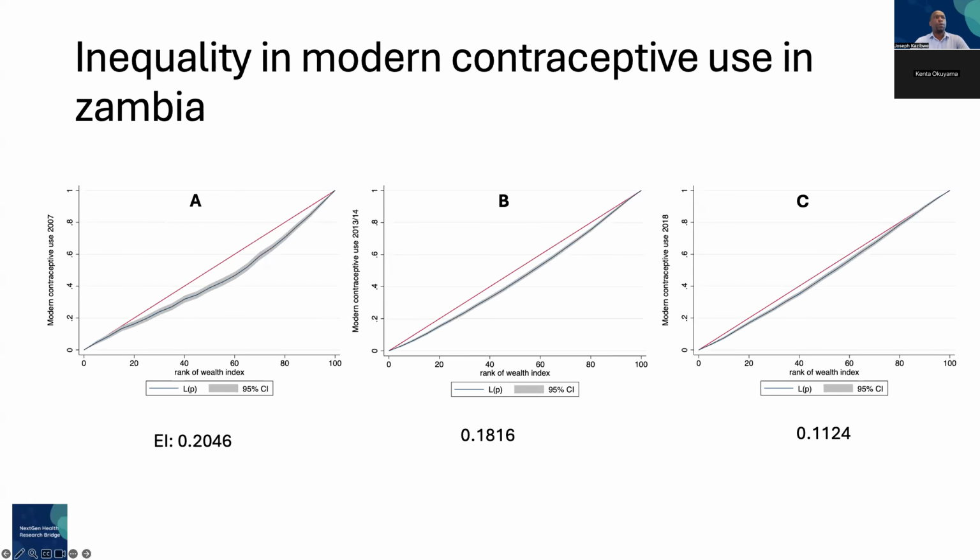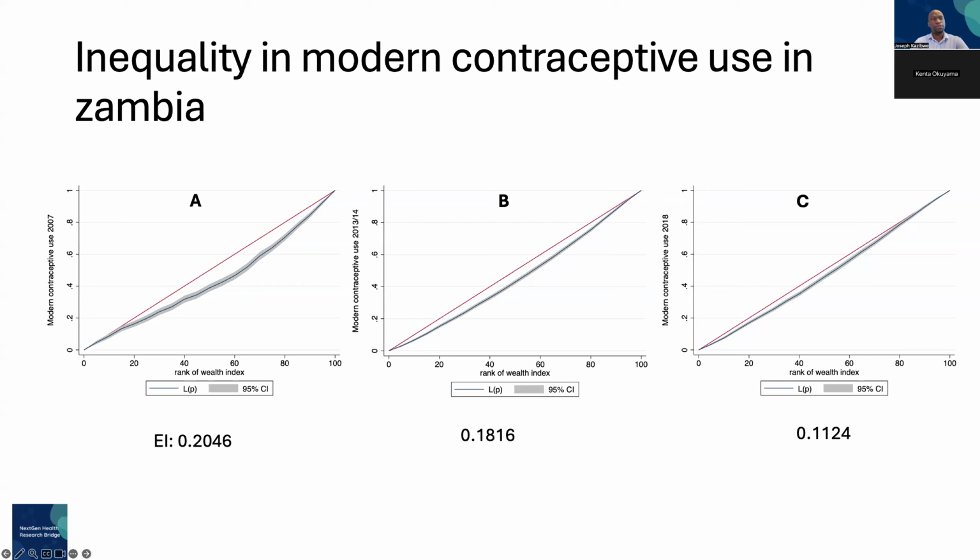So we had women of reproductive age and were trying to see whether they use modern contraception, and those that use modern contraception, how is the distribution of modern contraception across their different socioeconomic status. So we use the wealth index, which is derived by the DHS using 15 variables of standards of living within the country.